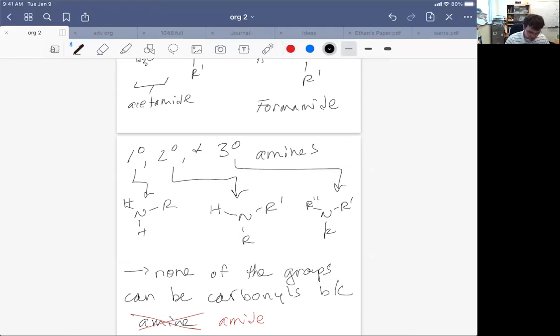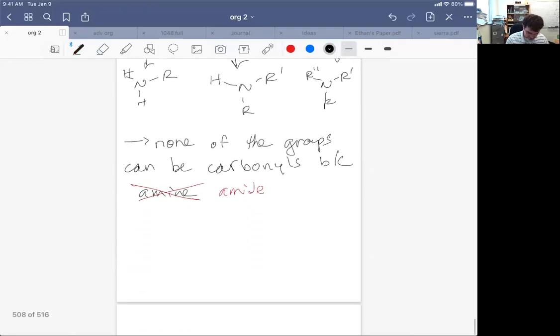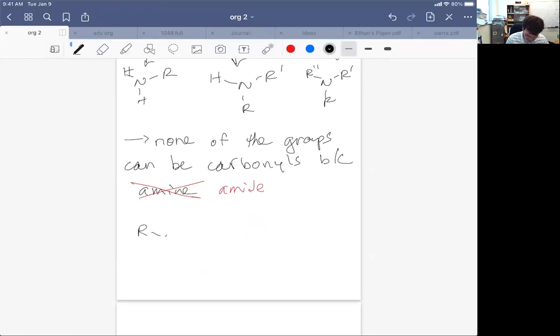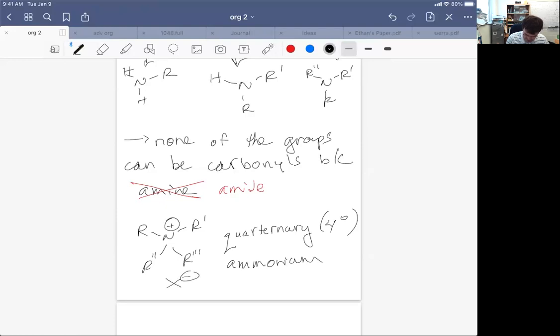We can also have quaternary ammonium salts. Where if we have four things attached, now the nitrogen is positively charged, and this is called a quaternary ammonium. And it's usually countered by some X group, and so it becomes a salt. All right. Anyway, back to amides.